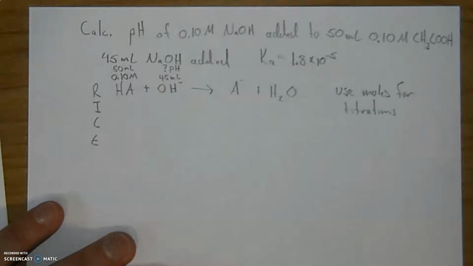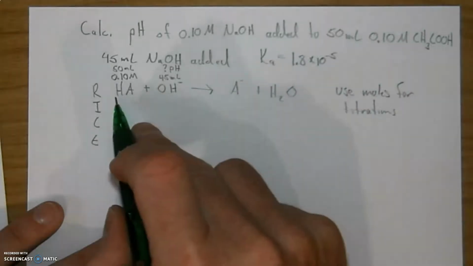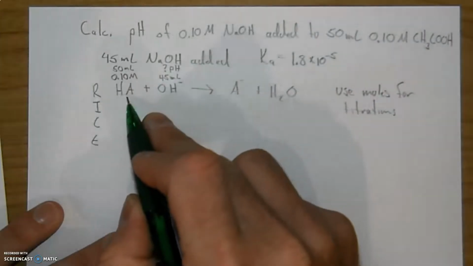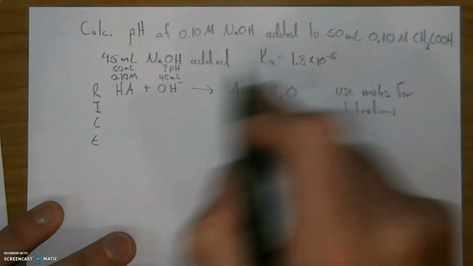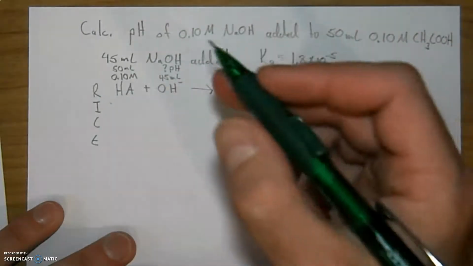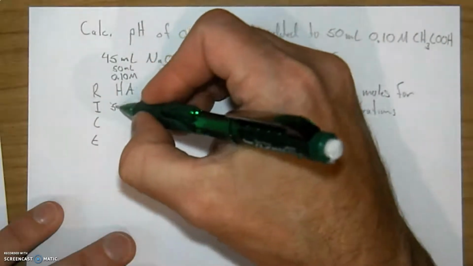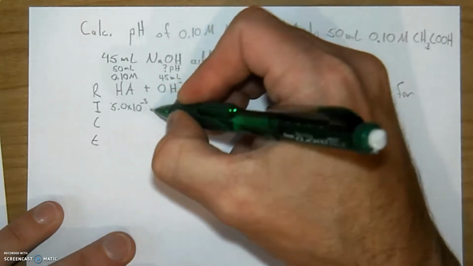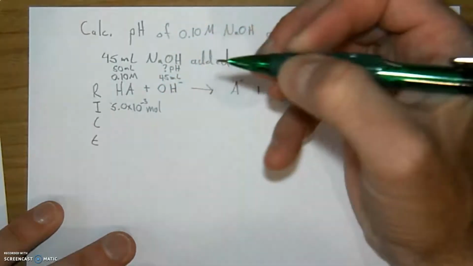Okay, let's start putting stuff in here that I know, so maybe I can figure this out. For the acetic acid, because I have these two things, I can write the moles. I just multiply those two together, and you get 5.0 times 10 to the negative 3. Those are moles.